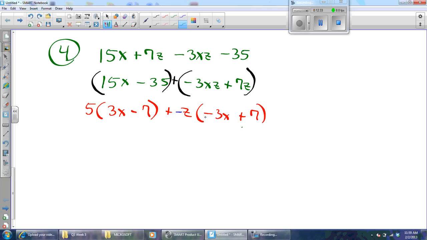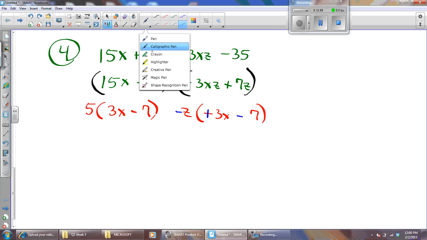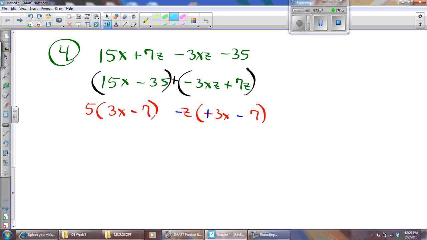If I pull a negative out, then this becomes a positive, and then that 7 becomes a negative. And look at that. I'm going to get rid of this plus sign because I don't like double signing. I have a 3x minus 7 in the first quantity, and I have a 3x minus 7 in the second quantity.